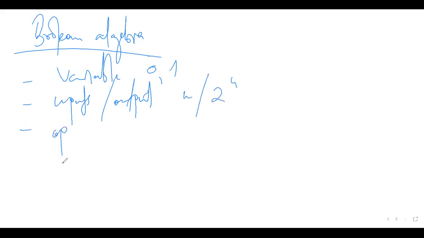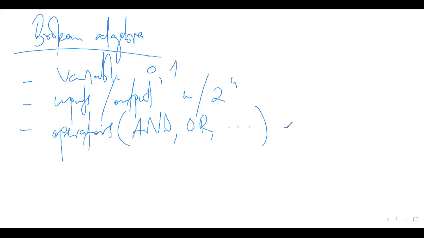I need you to take note of operators: AND, OR. We have XOR, we have NOR, and all that other stuff. But these are the basics. Right. Before we get to our operators, there are rules and laws of Boolean algebra.